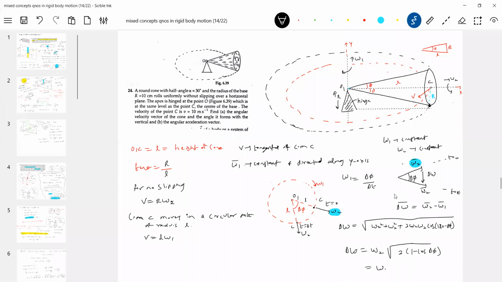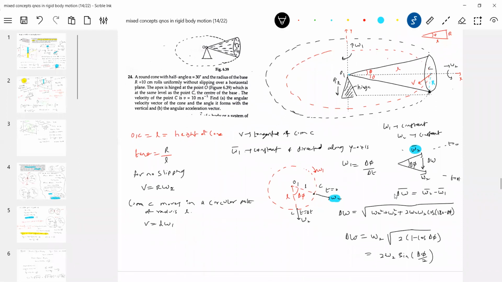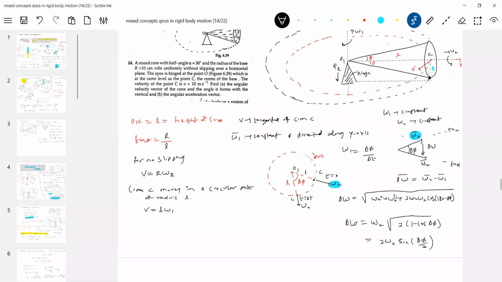If I solve this, I'll end up with 2 omega 2 sine of delta phi by 2. What is delta phi? Very small, because the interval of time delta t I took is very small. So sine delta phi will be very small. So finally, how much will delta omega become? Omega 2 into delta phi. What will the final answer be?